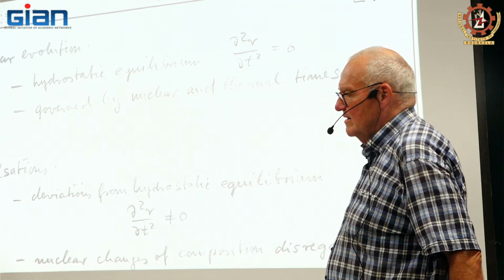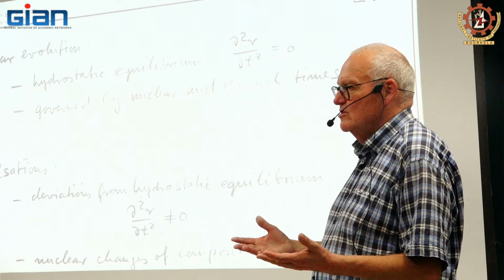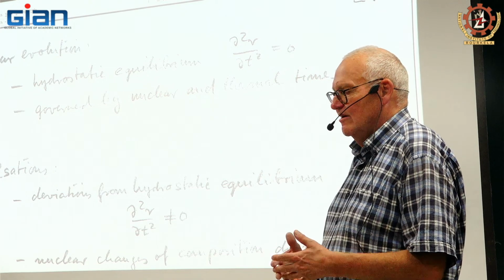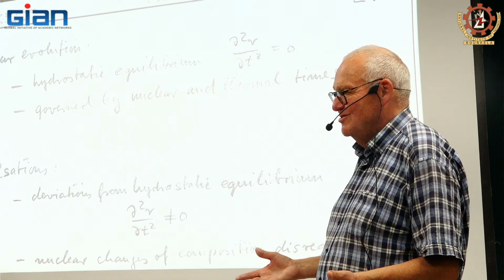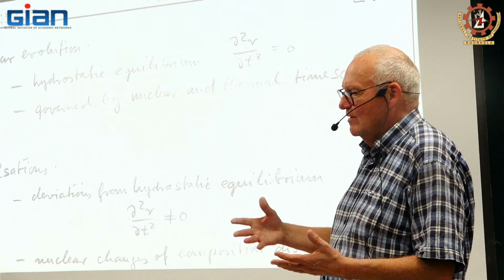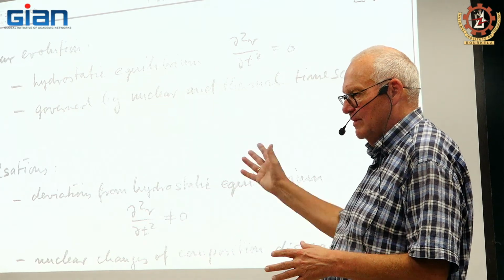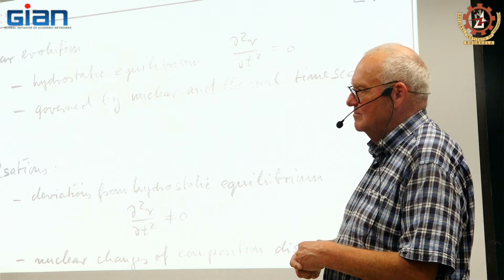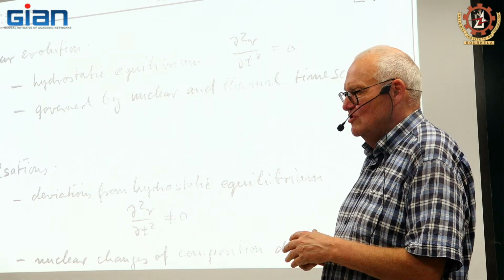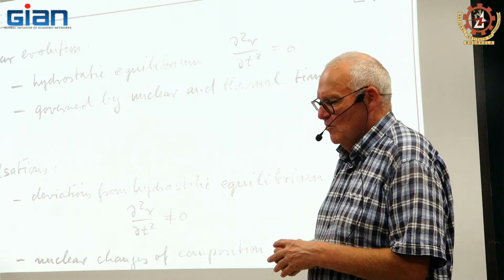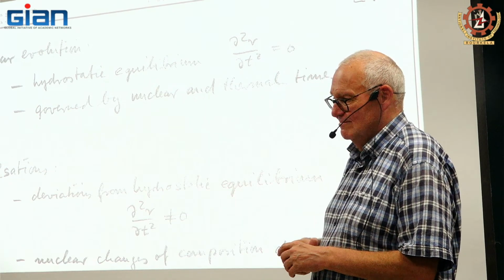Well, in the case of degeneracy, the pressure is automatically a function of density only. There is no thermodynamics in the degenerate star. Well, there is actually energy transport, but it will occur through conduction.